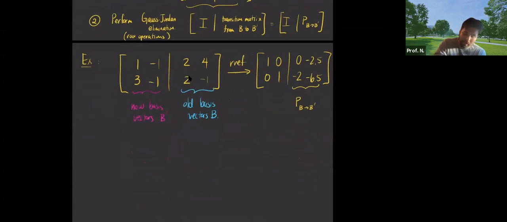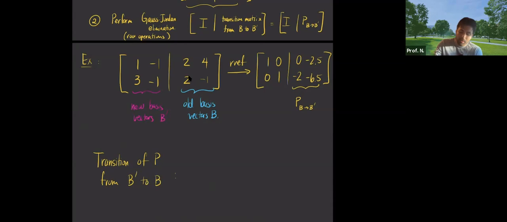So what if I want to find the transition matrix P from B prime to B? What do you think this would entail?